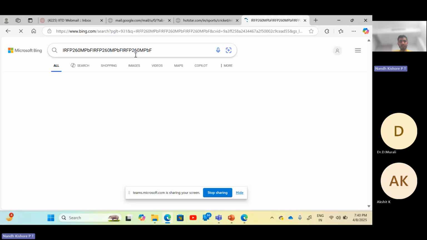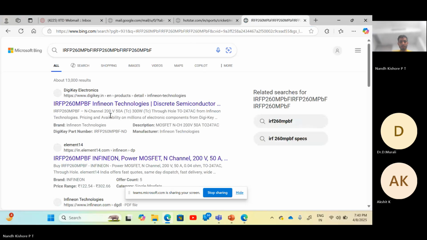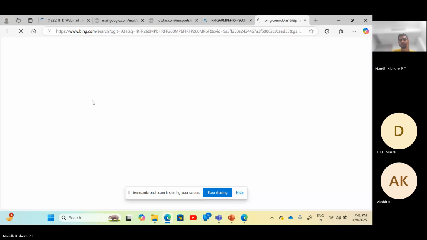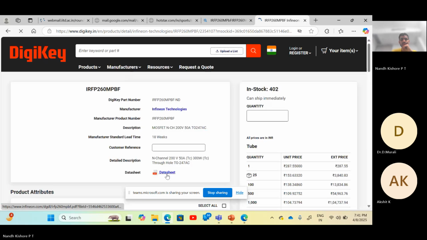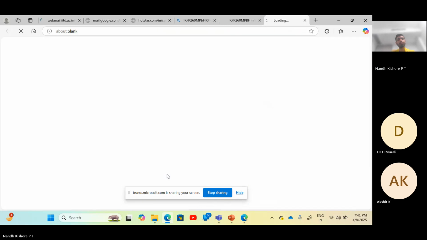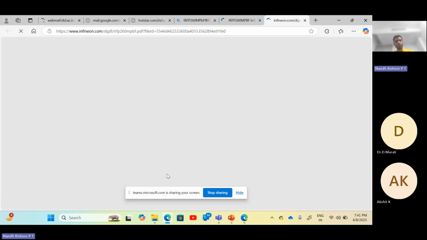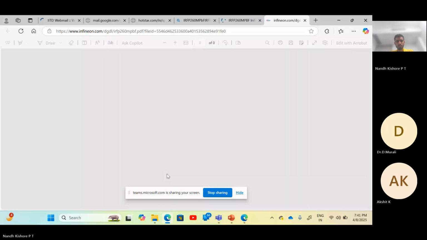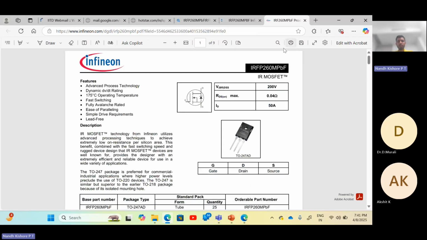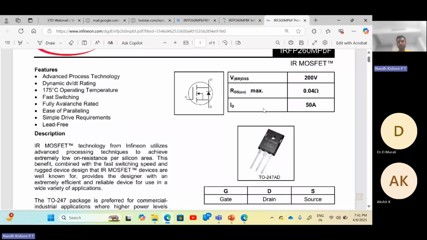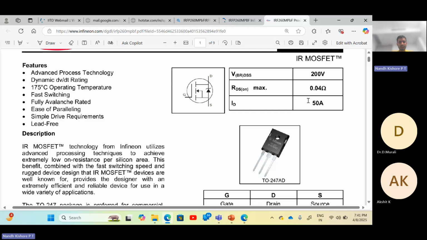So if I open the data sheet, yeah, so typically MOSFETs have what is called as a continuous current rating, which is ID 50 amperes, and something called as a pulsed current rating.